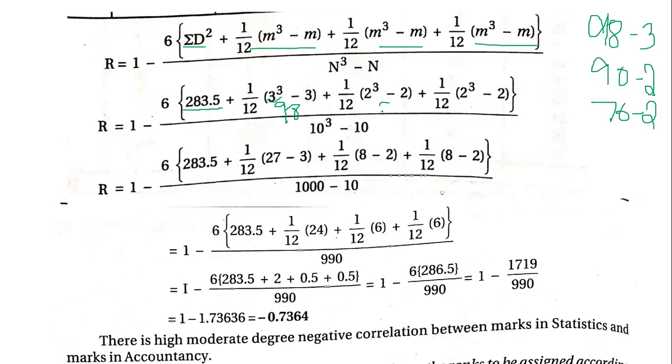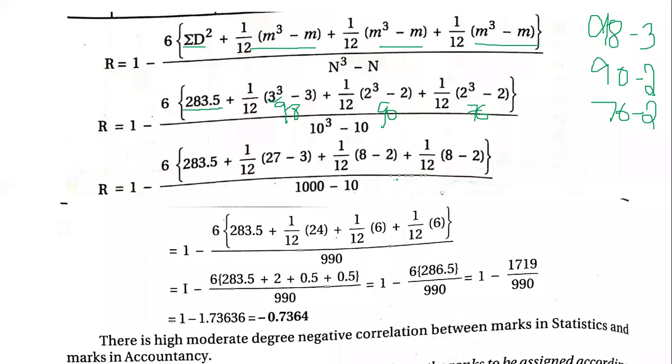Now 90 is repeated 2 times, so 1 by 12 into 2 cube minus 2. Again plus, 76 is repeated 2 times, so 2 cube minus 2. Here cube is there for everything. Only the value of m is going to change. Whole divided by n.